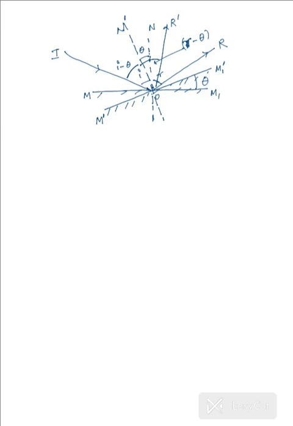So that's the angle of reflection in this case with respect to the new normal, that is ON primed. Now what about the angle between the first reflected ray and this new reflected ray? We wish to determine the value of ROR primed. That is the angle of rotation of the reflected ray.